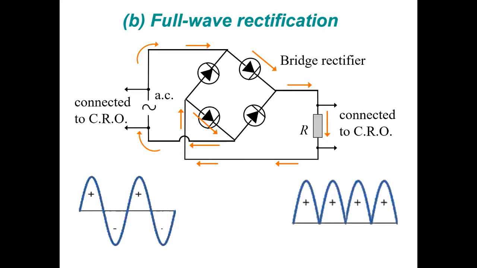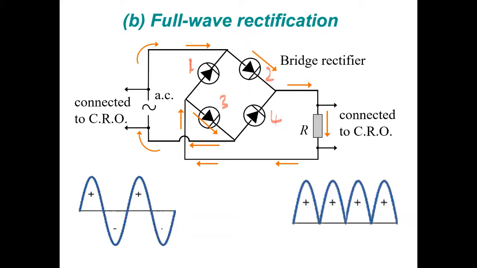This arrow shows when the current flows in this direction. We can label the diodes D1, D2, D3, D4.